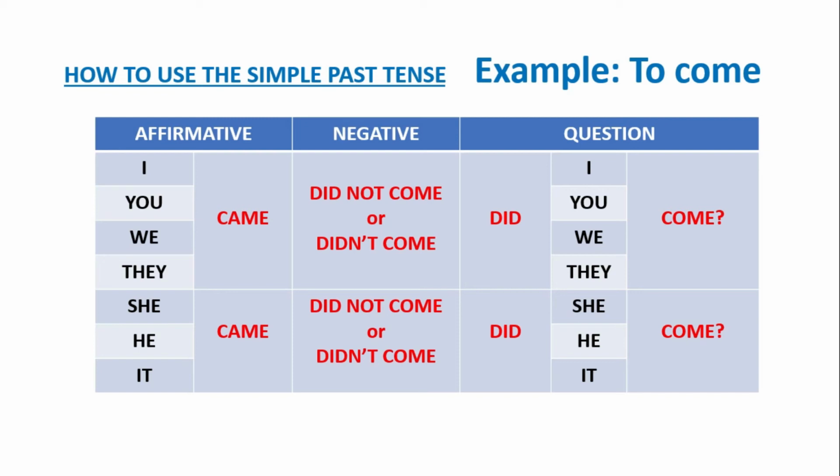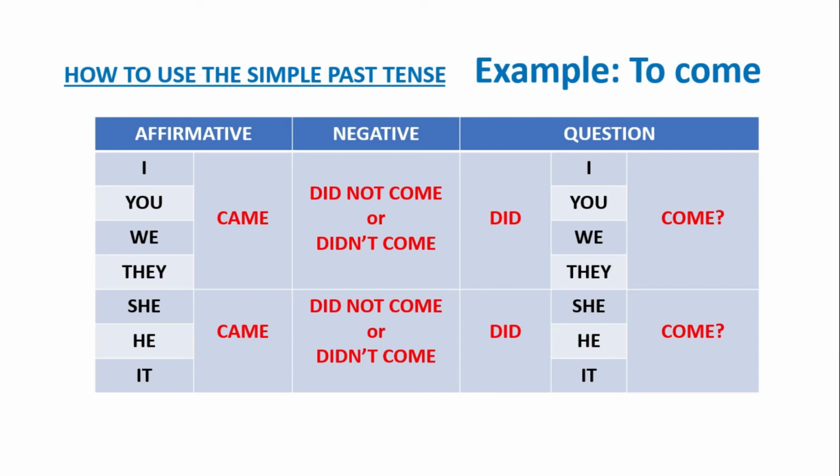So I encourage you, the first thing that you need to do is find all the verbs that you can, regular verbs, irregular verbs, and learn them in past tense. And use this chart and make your own examples and practice them.